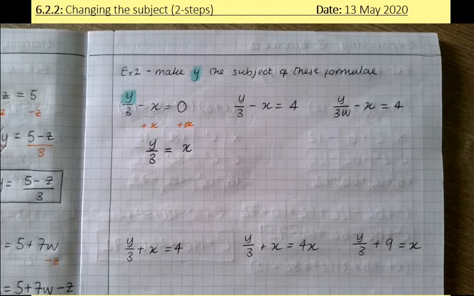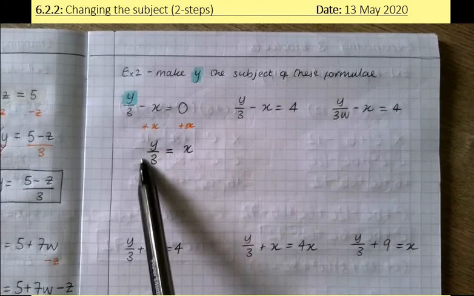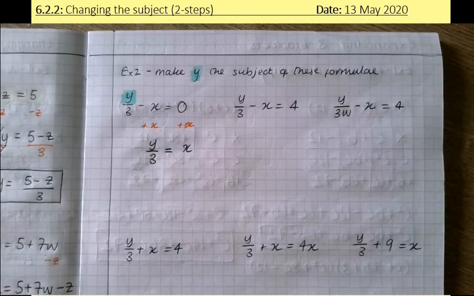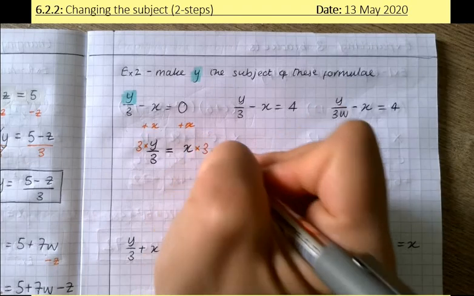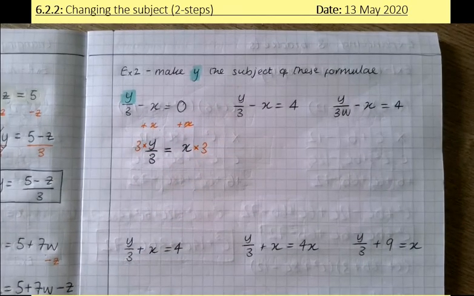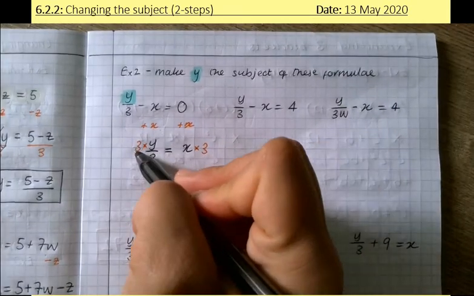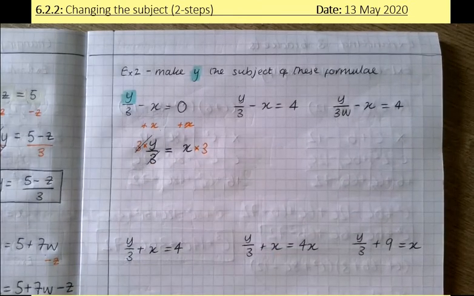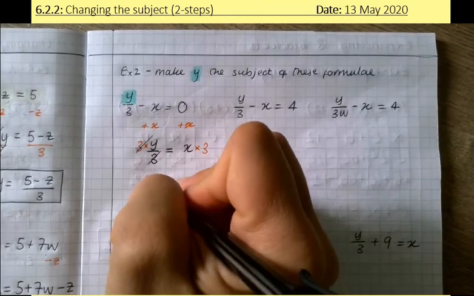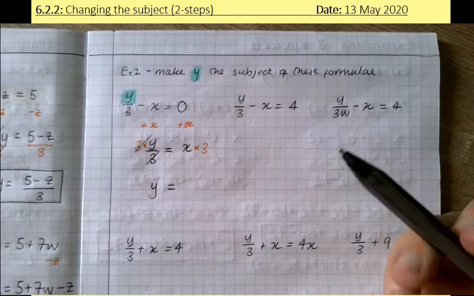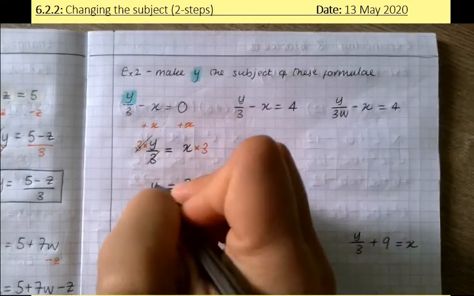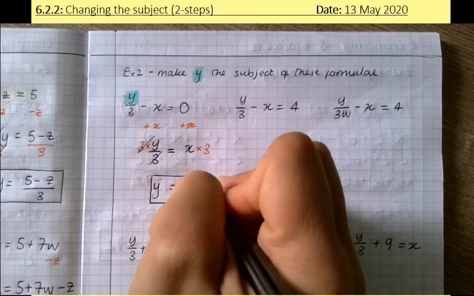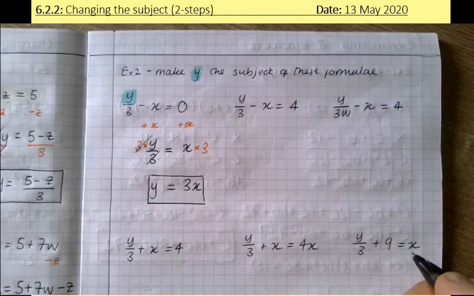And then I need to eliminate this divide by 3, and the opposite of dividing by 3 is to multiply by 3. So I'm going to multiply by 3 on both sides. That means my multiply by 3 and divide by 3 cancel to give me y. And then x multiplied by 3 needs to be written as 3x.